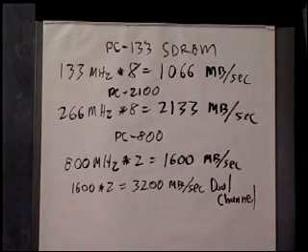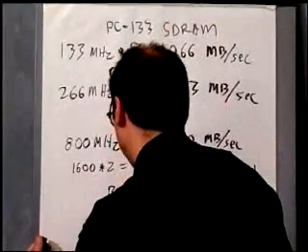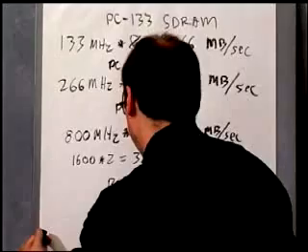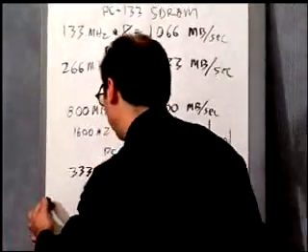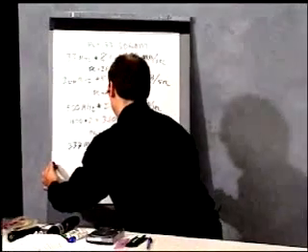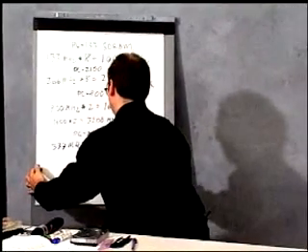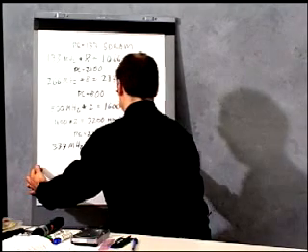In the case of the double data rate, we've developed a newer version called PC 2700. And what that is, 333 megahertz times 8, which equals 2666 megabytes per second.